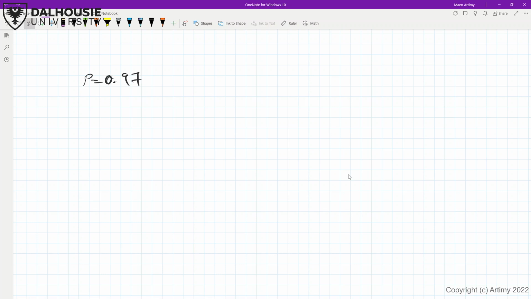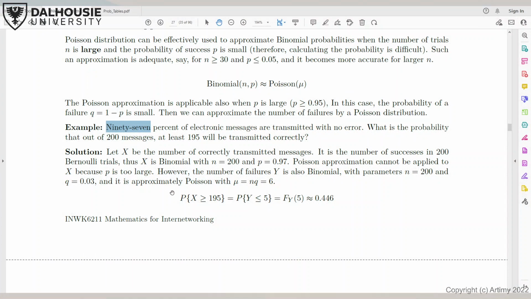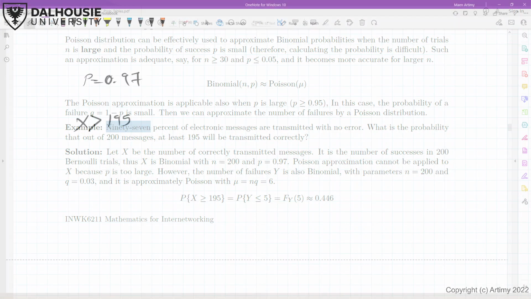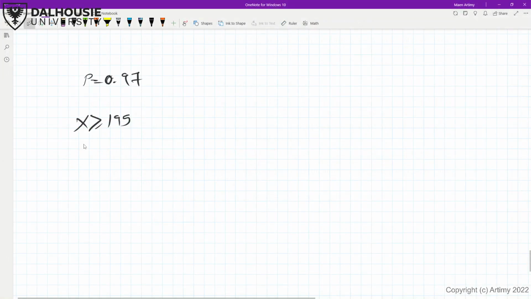I'm looking for P(x greater than or equal to 195), at least, and n is 200. So I cannot use Poisson directly because p is large. So what if I look for failures instead?